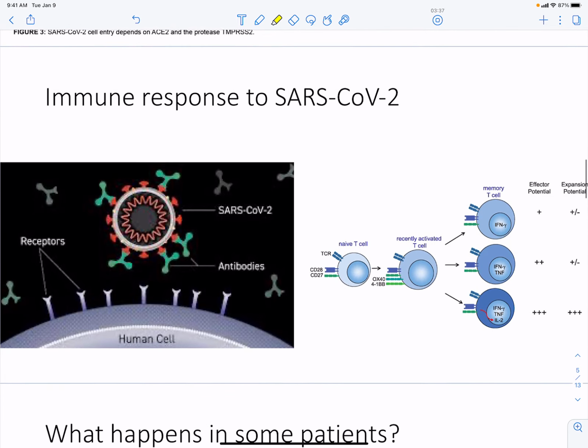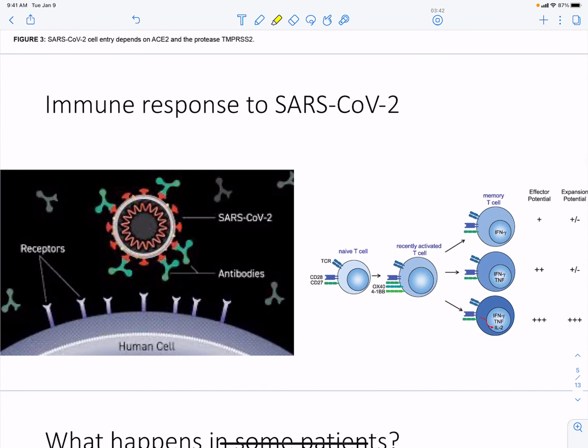So just like any virus, your immune system will respond to it. Your immune system will detect that there's a virus. RNA will trigger the toll-like receptors, and you'll get that prodrome, the initial inflammatory response, very general flu-like symptoms. And then you're going to get activation of your acquired response, your T cells. So you're going to get your T cells activated. They're going to become effectors.